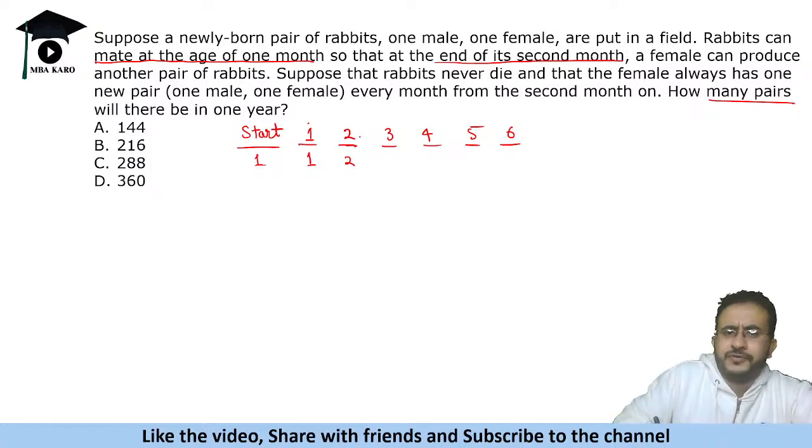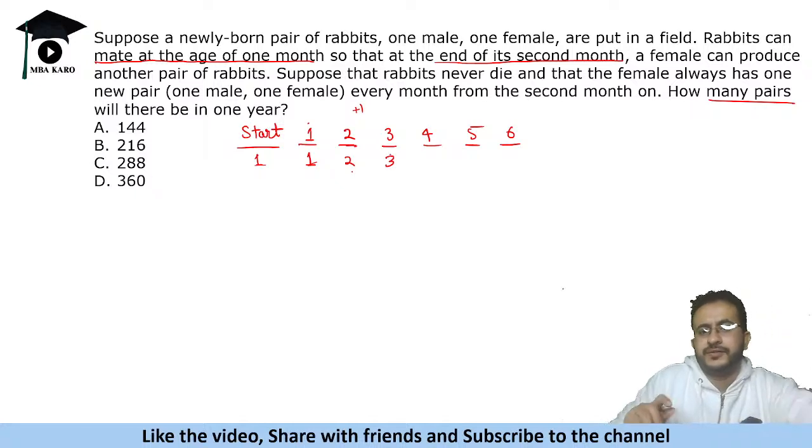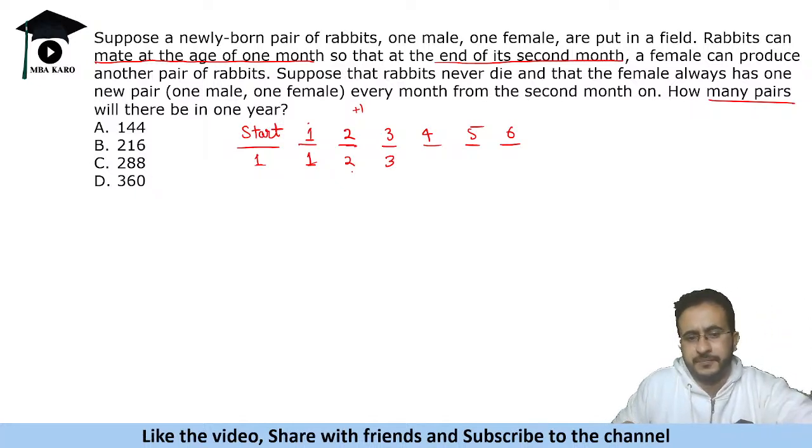In the third month what will happen? Now the senior rabbit can produce children, right? But the new pair cannot produce children, so one pair will be added this month, so there will be three pairs this month.